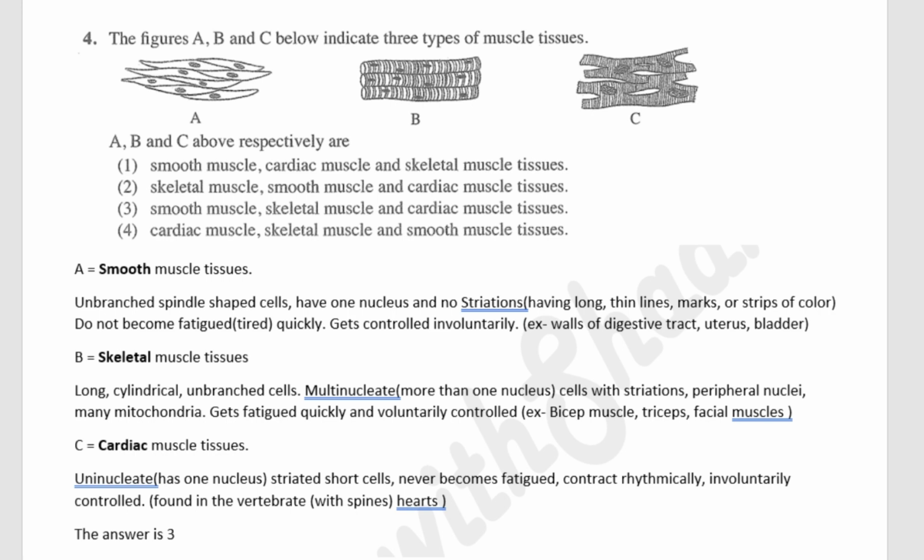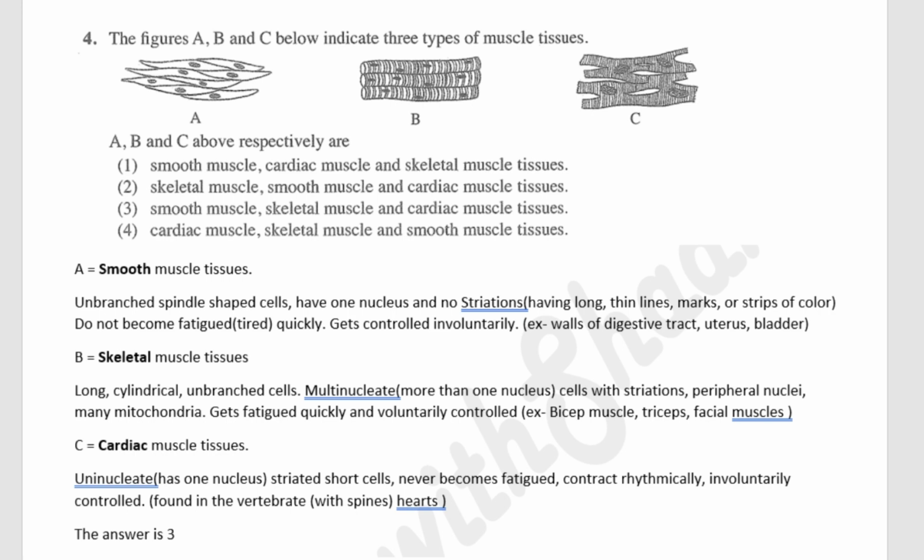Then we have cardiac muscles. You have heard the word cardiac arrest, right? Cardiac involves the same meaning as heart or circulatory system. So cardiac muscle is the muscle that our heart is made out of. It is uninucleate, that means it has one nucleus, and it is striated, that means it has stripes. They are short cells and they never become fatigued.